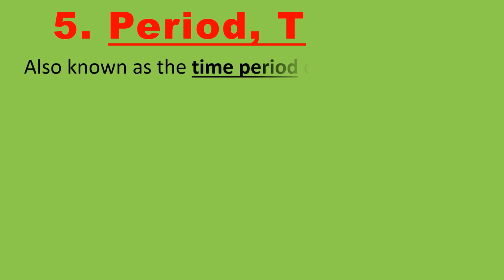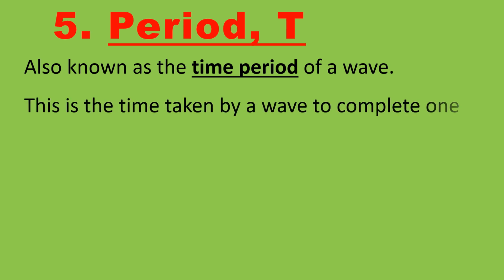The fifth property is period, which is denoted by capital T. It is also known as the time period of a wave. So, in definition, this is the time taken by a wave to complete one cycle or one oscillation.